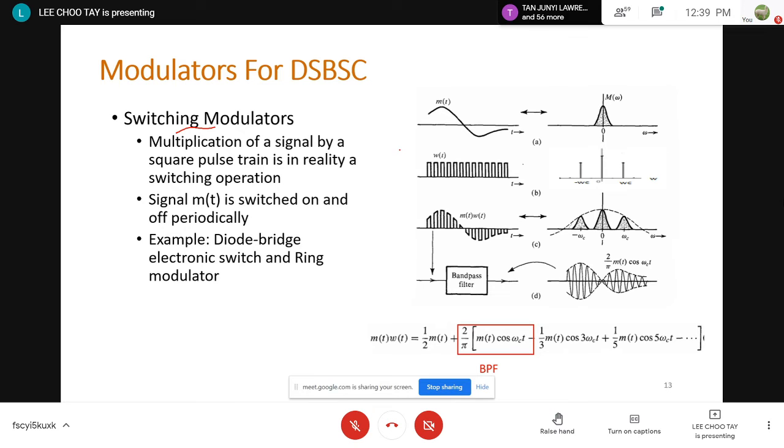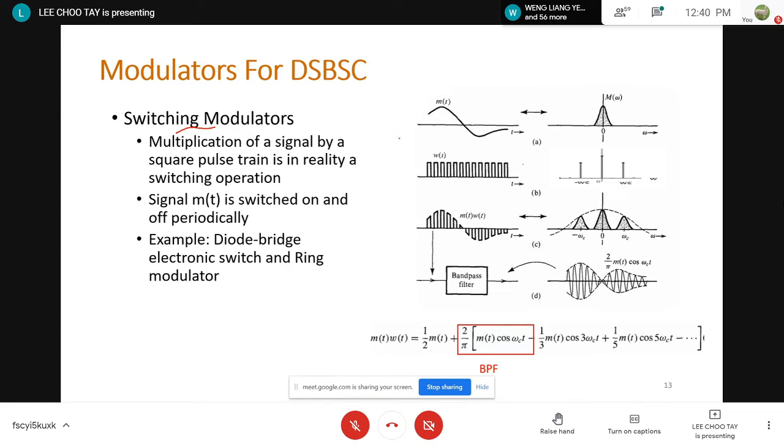If you look at the amplitude modulated signal, it is very similar to the switched version of the carrier signal. You just switch the carrier on and off, where the amplitude follows the message itself. Therefore, you can do that.